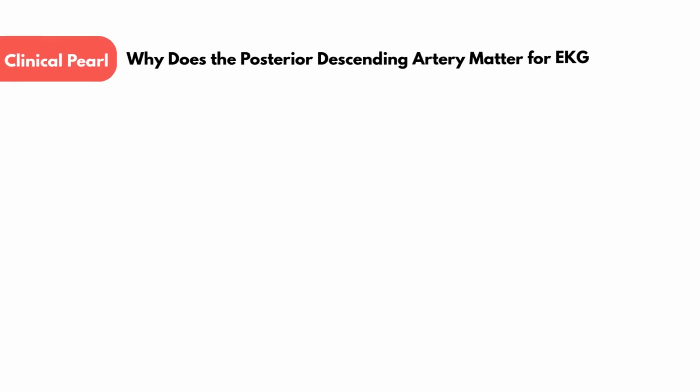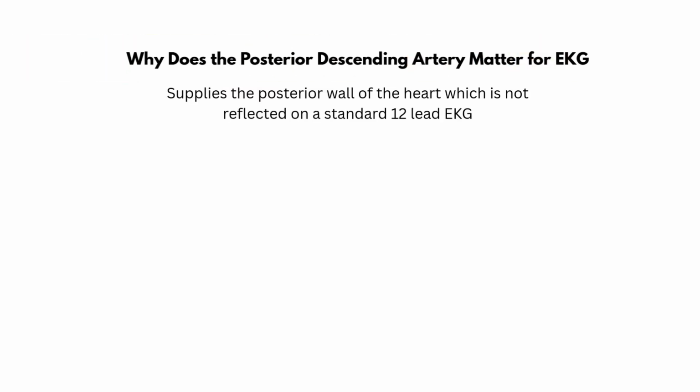So why does the PDA matter for an EKG? Because the PDA supplies the posterior wall, and this is the hardest area to see on the standard 12 lead EKG, since we do not put EKG leads on the patient's back. A PDA blockage won't usually show an elevation on a normal EKG.